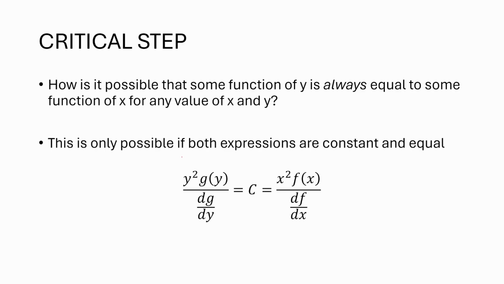Again, the logic here can seem a little convoluted, so if you just need to stop and ponder it for a minute, that's totally fine. But what we're saying is that this expression on the left in terms of y, in order for it to always equal that expression in terms of x on the right, the only way for that to be possible is if they are constant and equal.